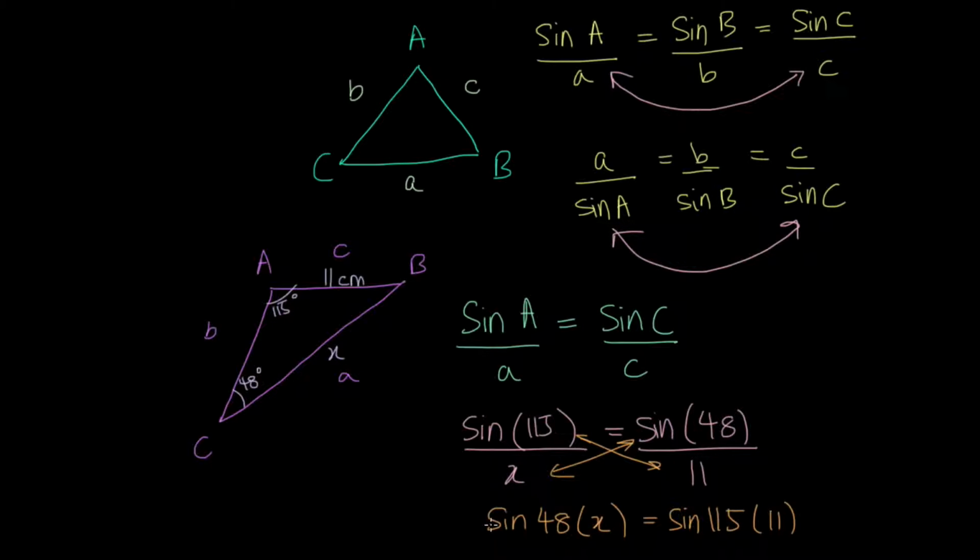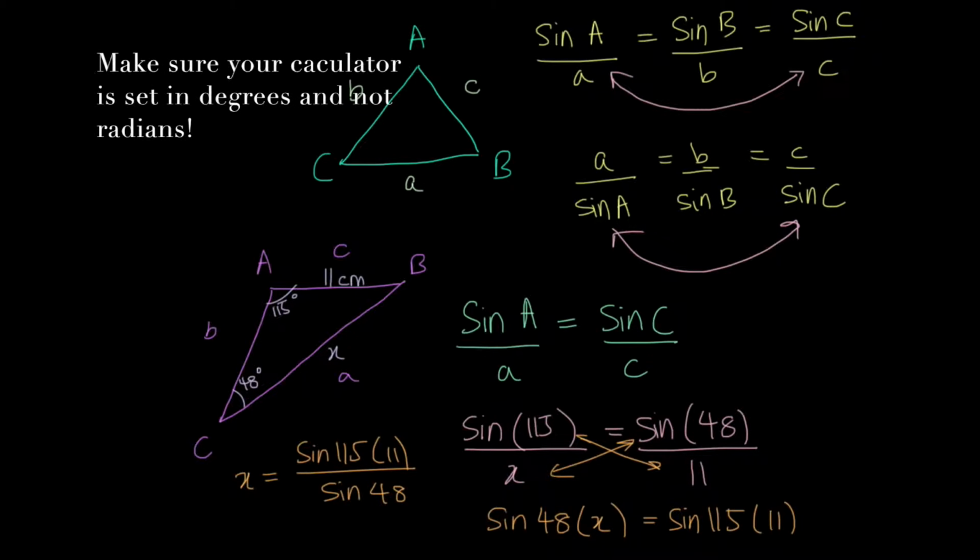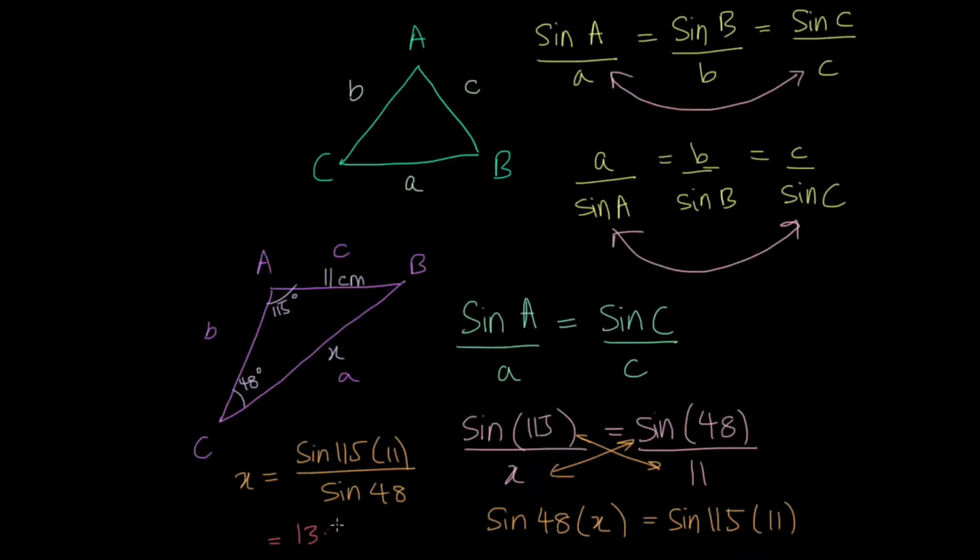So if I divide both sides by sine of 48, I get x equals sine of 115 times 11 over sine of 48. And when I punch that into the calculator, I get x to be equal to 13.4 centimeters. Okay, and that's how you'd use the sine rule in a question.